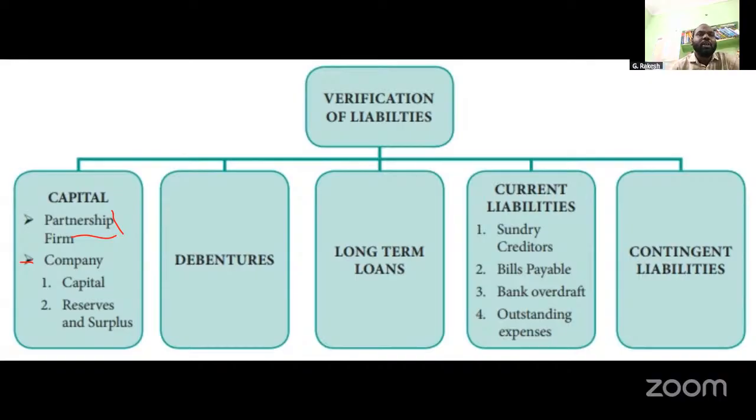For issued capital, how much capital is issued; out of that issued capital, how much has been subscribed; and out of the subscribed capital, how much has been called up; and how much of the capital is paid by the shareholders. So these are the classification of the equity share capital.